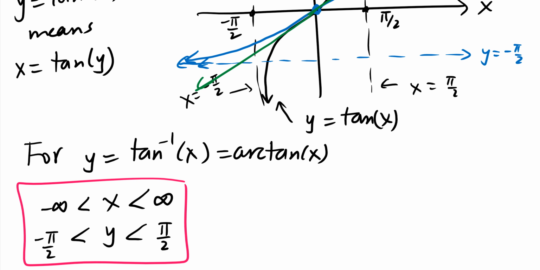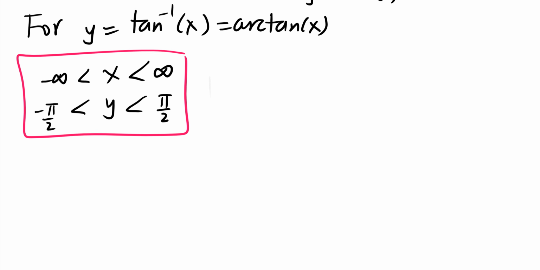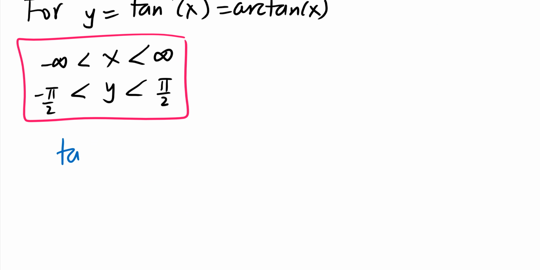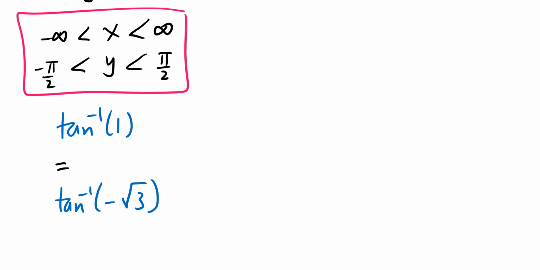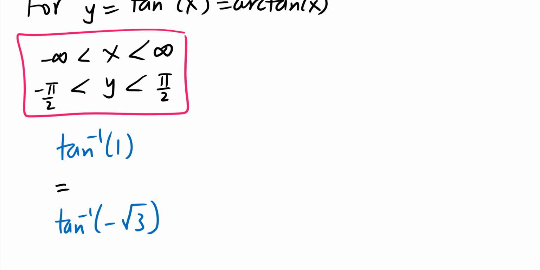Now we're going to look at some examples on this. How do we find tangent inverse of 1? And then we're going to look at tan inverse of -√3. Let's see. What's the angle between -pi/2 to pi/2 that has tangent 1? We know it's pi/4.